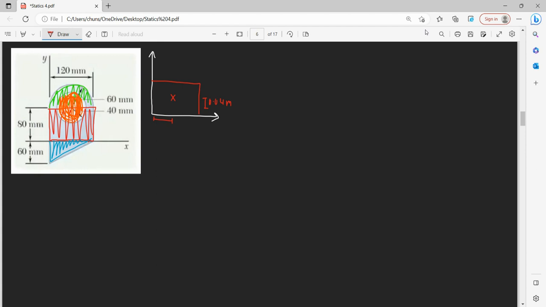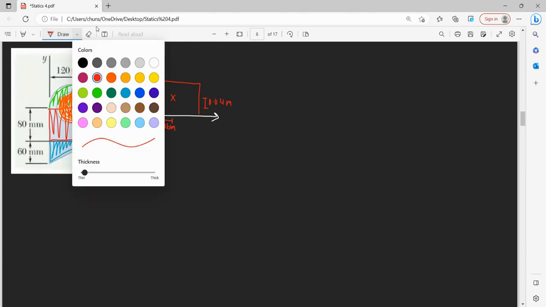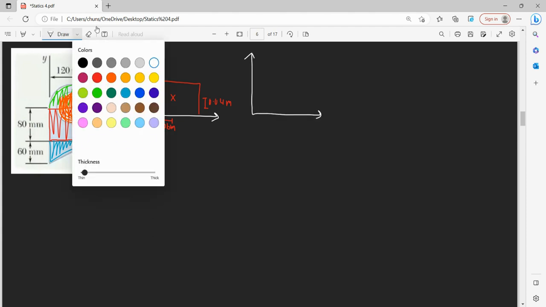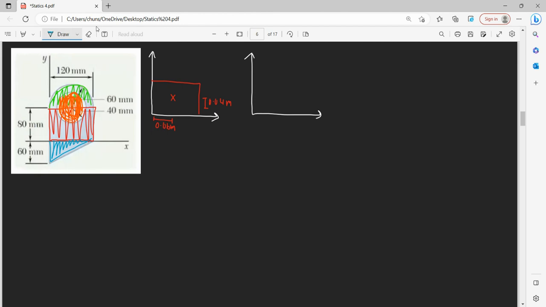And for measuring outwards from this x-axis, that's 120, so half of 120 of our width is 60, so that's 0.06 meters. So that's our first shape. Our next shape is our triangle, which is below our x-axis, so it's going to have negative y coordinate.